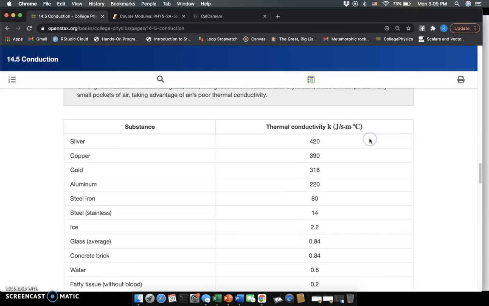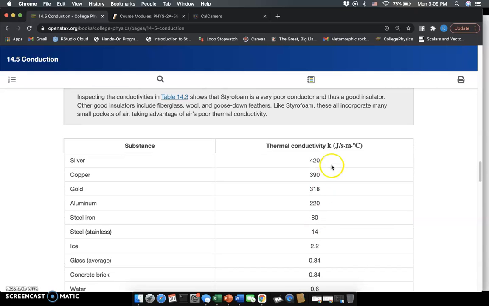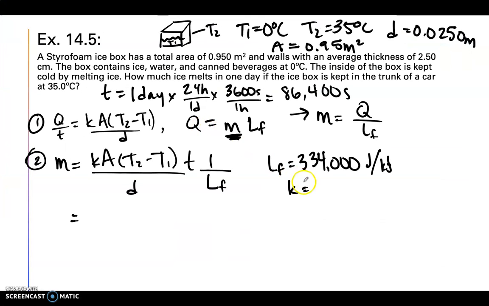So we're going to scroll down. Styrofoam is the very last one. So it's 0.01, and that is in joules per second meter degrees Celsius.